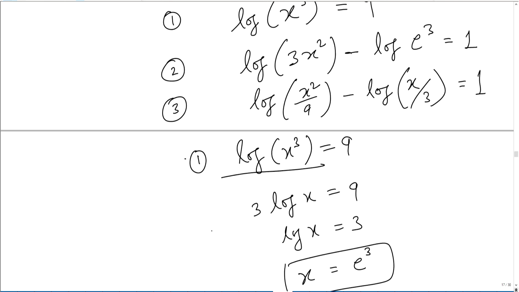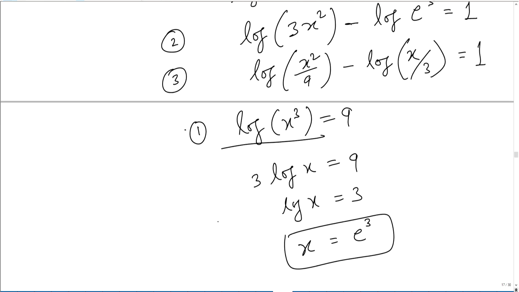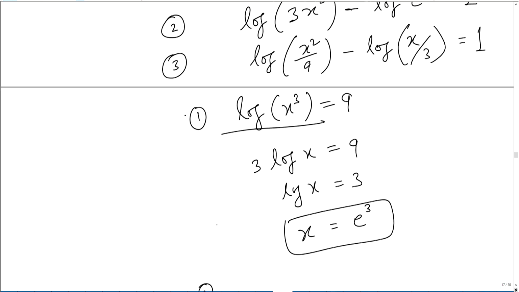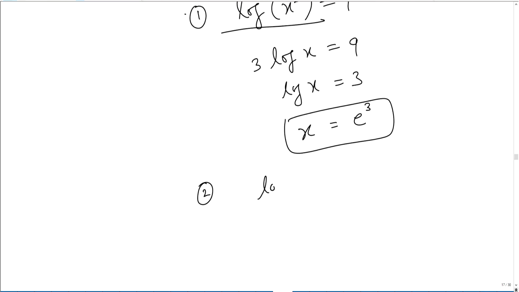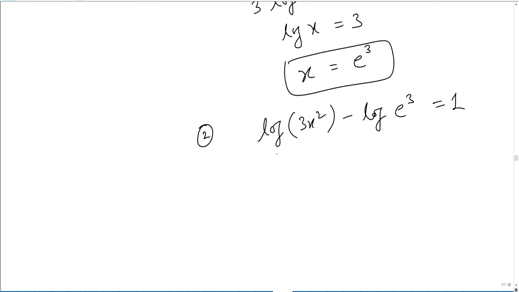Second, log 3x square minus log e to the power 3 equals 1. Well, what would be log e to the power 3? We can simplify this. It would be just 3, and this is equal to 1.